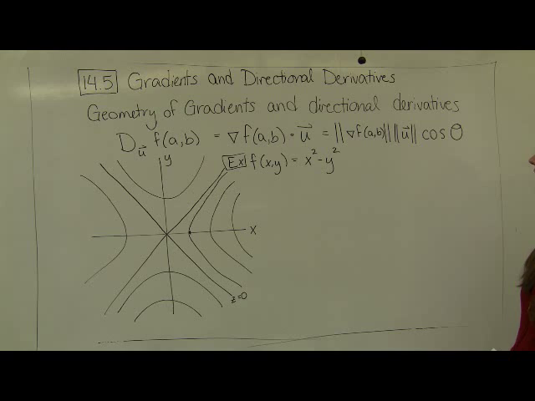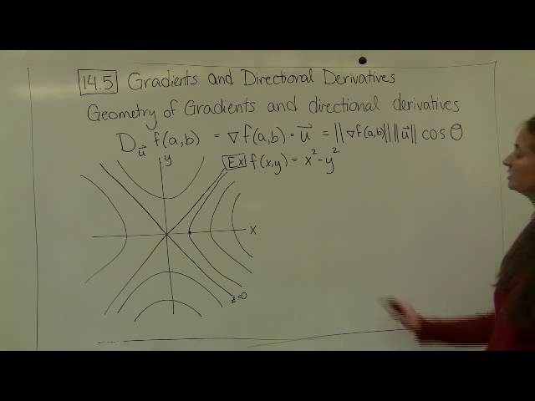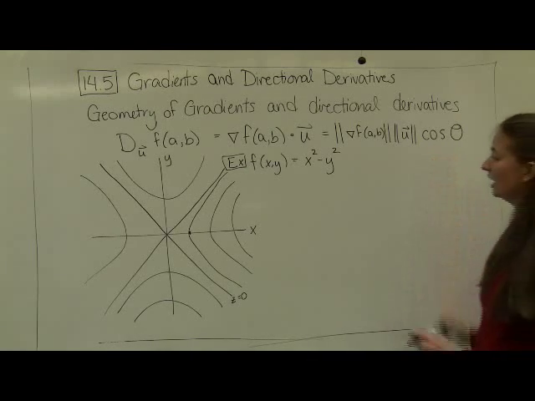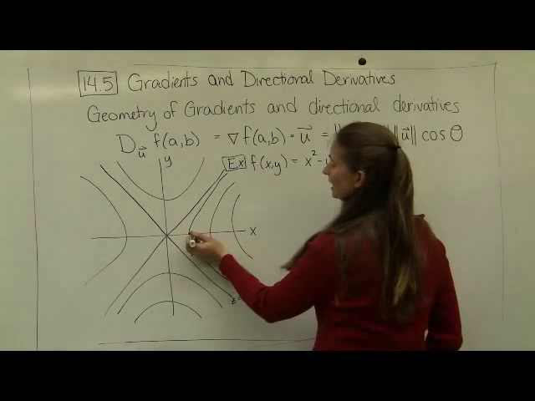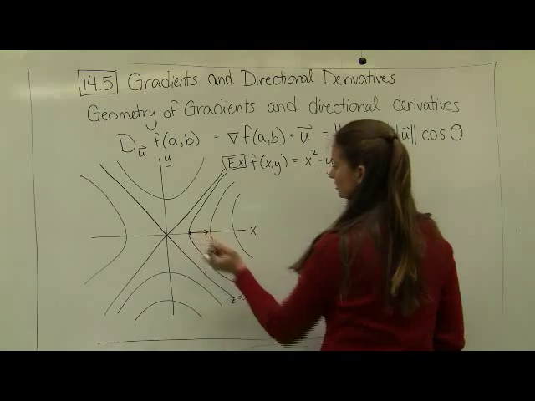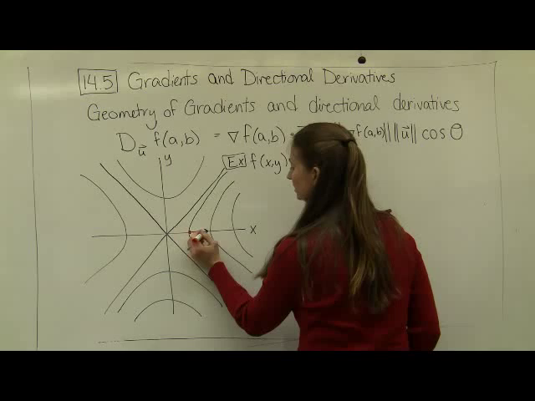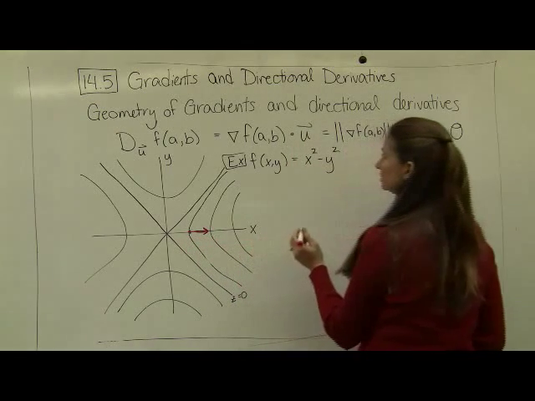So let's say I wanted to evaluate the directional derivative in the direction of, let's say, this direction. I should use a red vector. So this is the directional derivative.